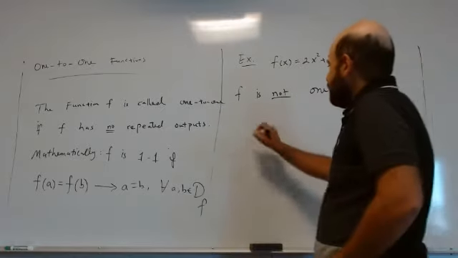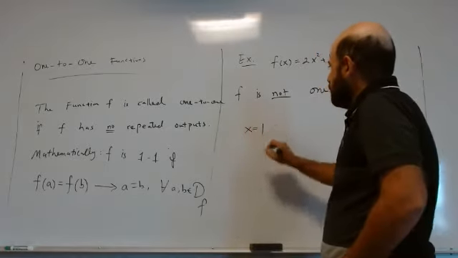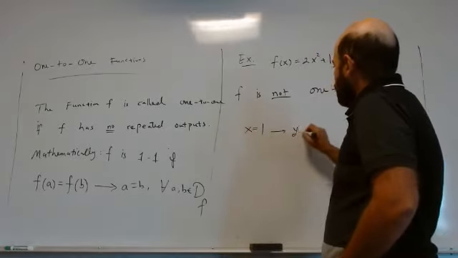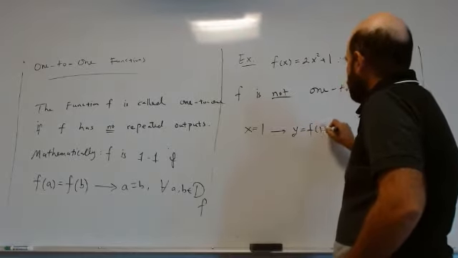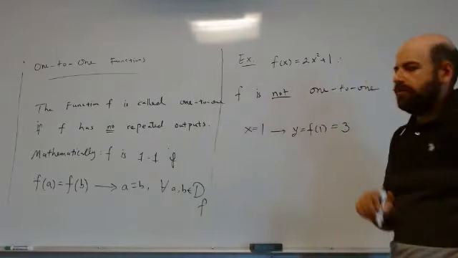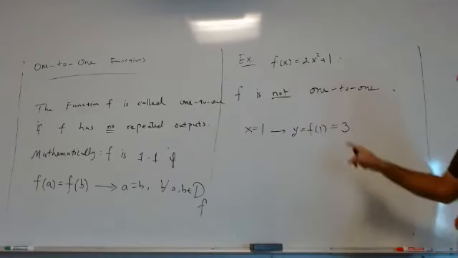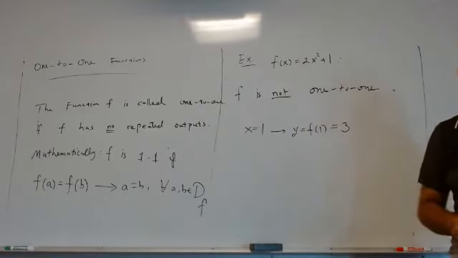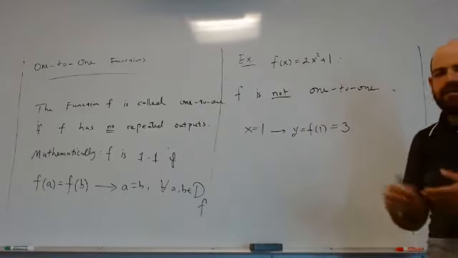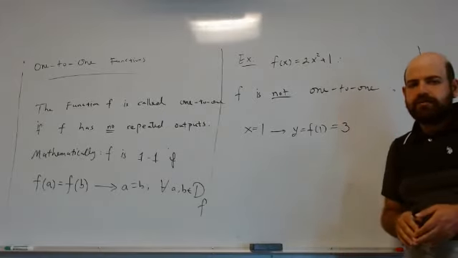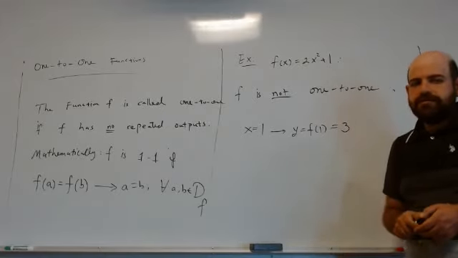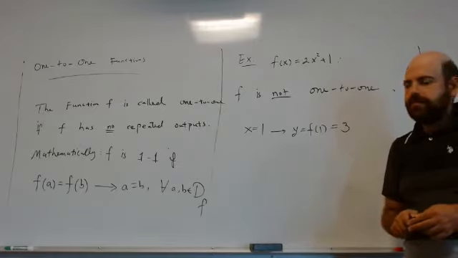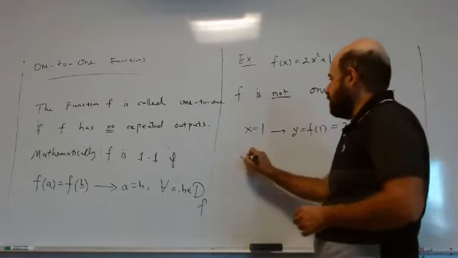So for example, if I use input x equals 1, how much is the output? The output would be y equals f of 1, which would be 3. So if the input is 1, the output is 3. But is it possible that another input also leads to the same output 3? The answer is yes.